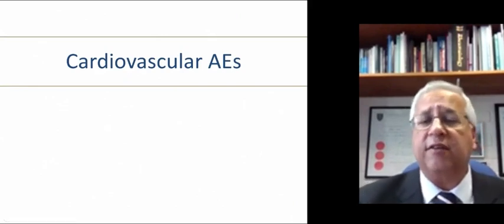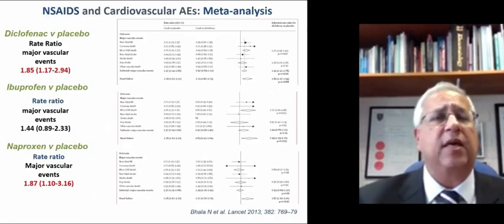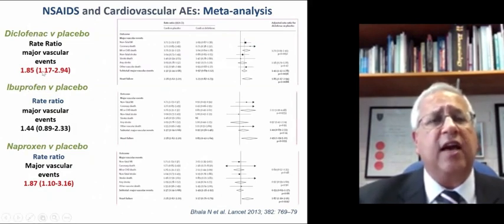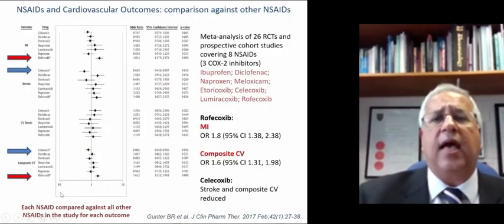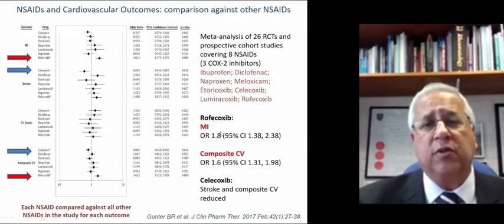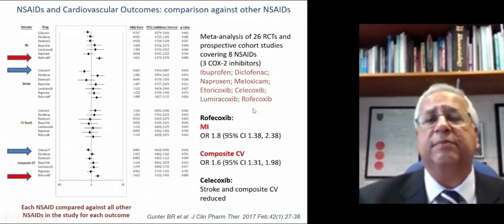Now let's go to cardiovascular adverse events. In the same format, diclofenac, ibuprofen, and naproxen, we find that the higher cardiovascular intolerability rates are for diclofenac, 1.85, and for naproxen, 1.87. And we find, of course, that the COX-2 specific inhibitors vary according to the type.